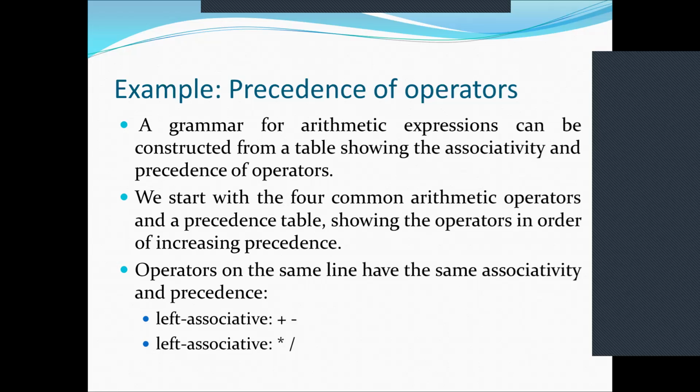Meaning there should be a table which will guide the compiler saying which will have the first precedence, that is division or multiplication, then the next precedence will be addition or subtraction. That way it has to be mentioned. Operators on the same line have the same associativity and precedence. For left associative, plus and minus have the same precedence and same associativity, and multiplication and division have the same precedence as well as the same associativity. They lie in the same layer of precedence.